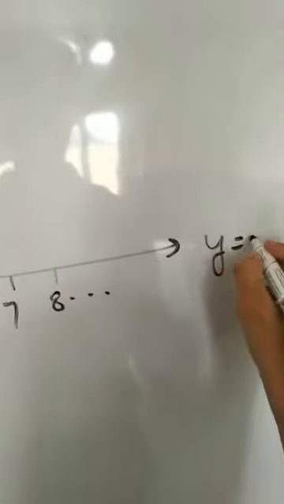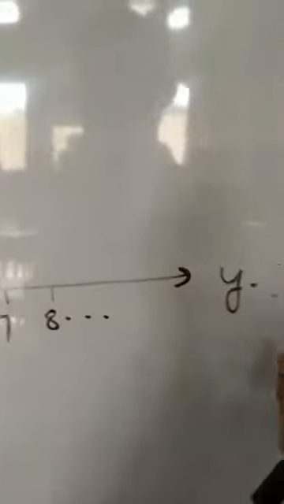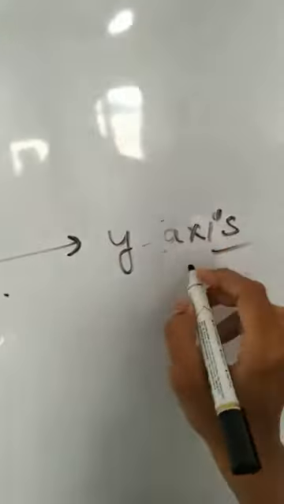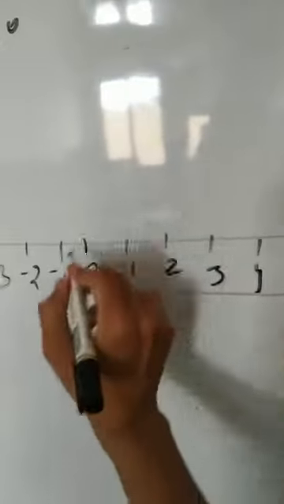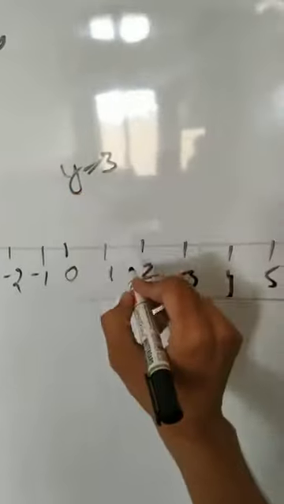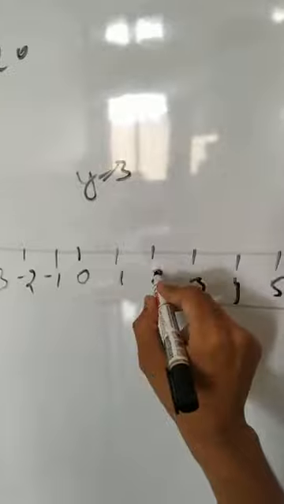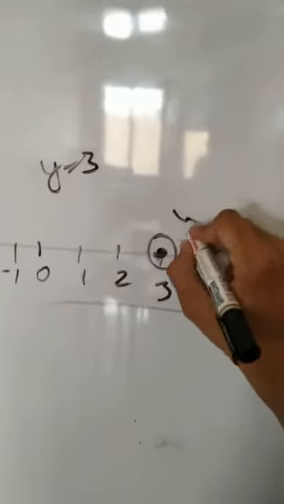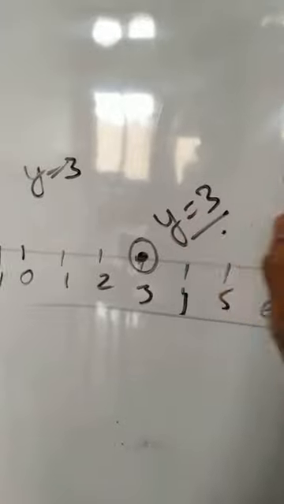This is y = 3. This is the y-axis. So on the y-axis we represent y = 3. So 0, 1, 2, 3. This positive value of 3 is y = 3.